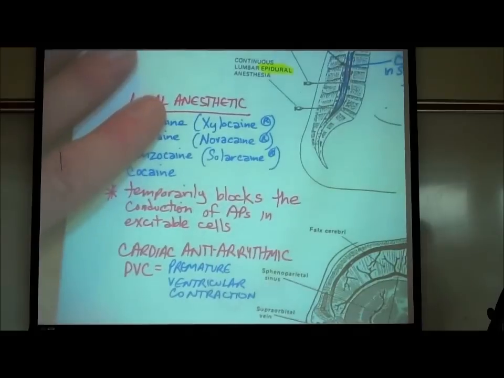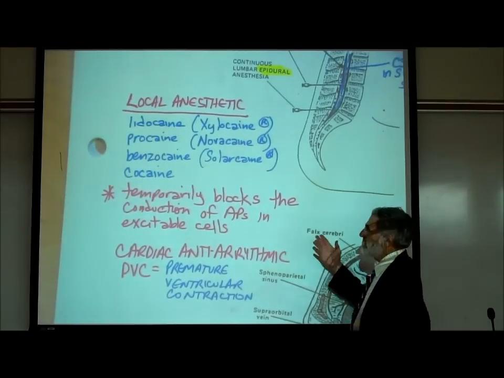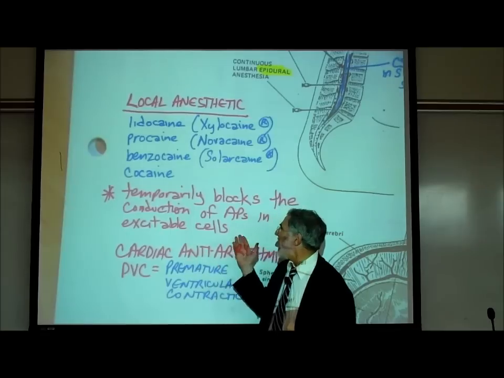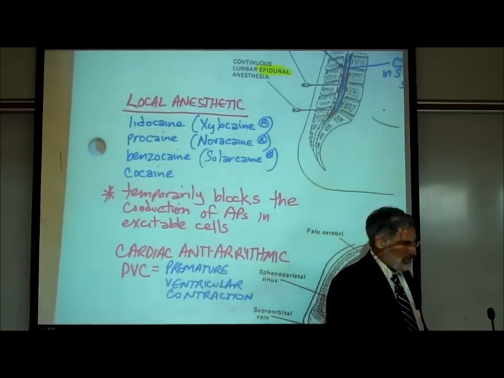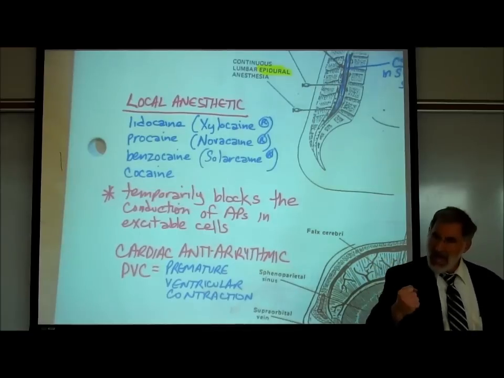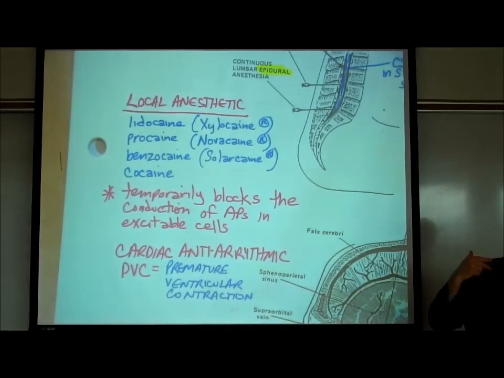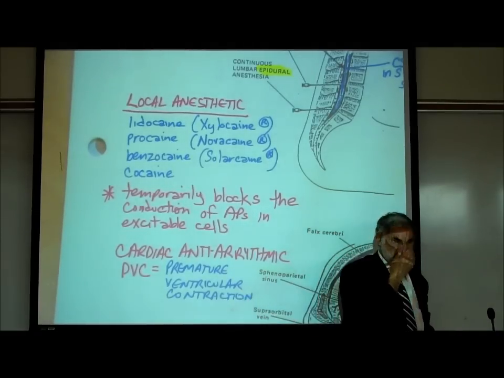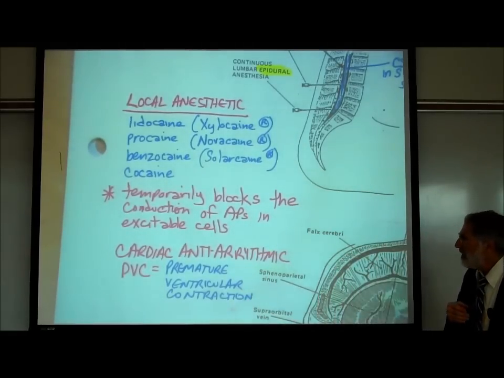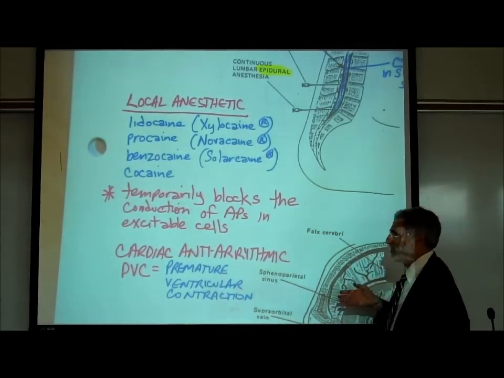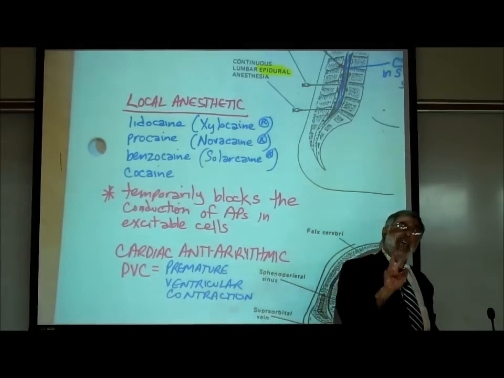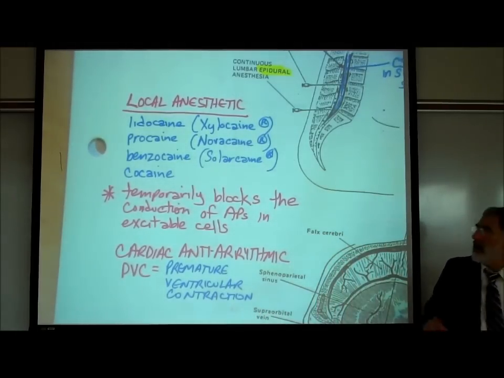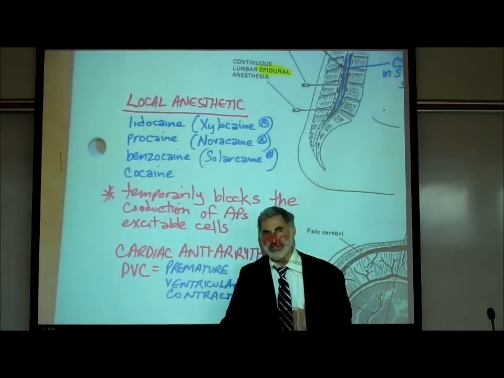All right, how do these local anesthetics work? They temporarily block the conduction of action potentials in excitable cells. So they block the sending of these electrical currents called APs, action potentials, in excitable cells. Now, what are excitable cells? There are two categories of excitable cells in our body that conduct action potentials.